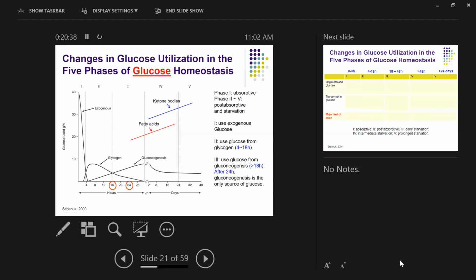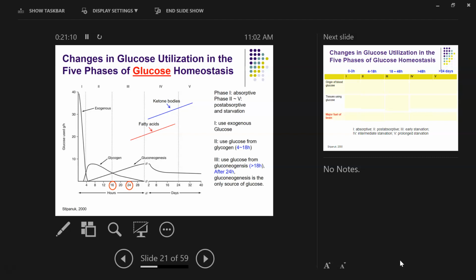I want you to remember some important time points, right? So 18 hours. So 4 to 18 hours after a meal, our body primarily utilizes glucose from glycogen for energy.